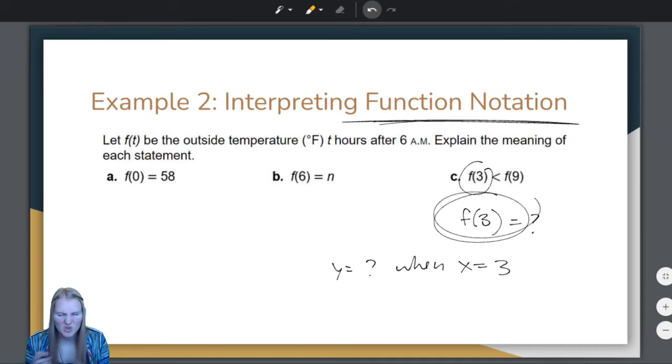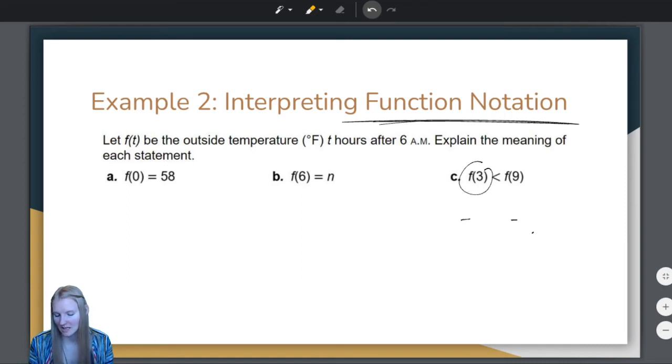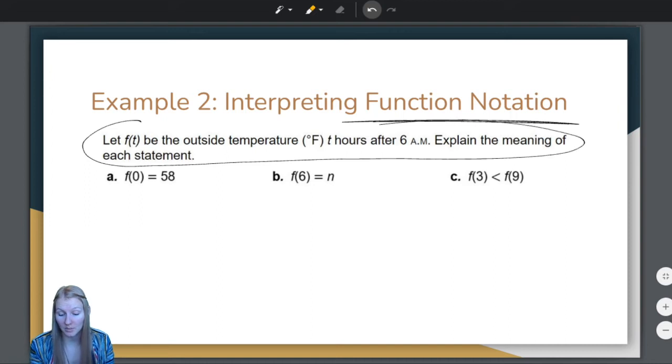Why is this notation so helpful? We're going to see in this example, when we have real world applications, and that's why we do math, right? There are so many real world applications. Using function notation can be easier to understand than when we use y.